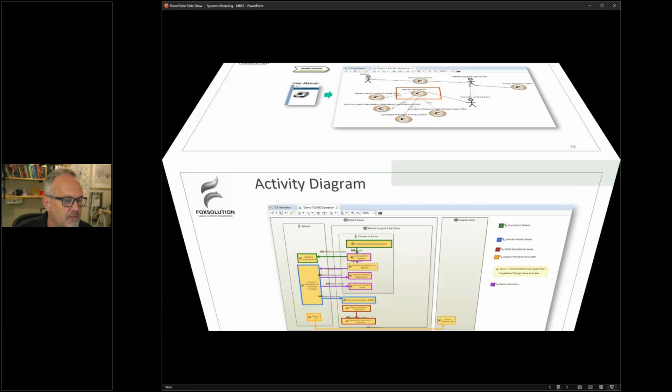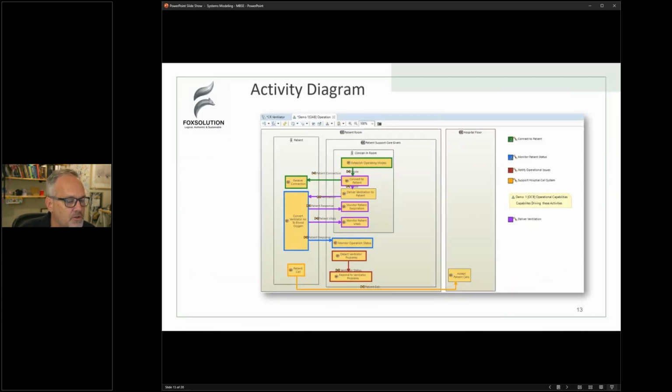Now we're going to go down a level and do an activity diagram. What this activity diagram does is go through the steps that we're going to have to accomplish to deliver that ventilation. And this is the first place that we start to see this ability to create functional chains. At this level, it's a very high level discussion of what we're going to do.